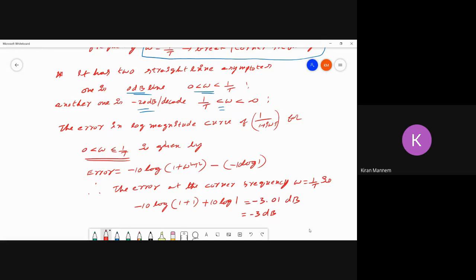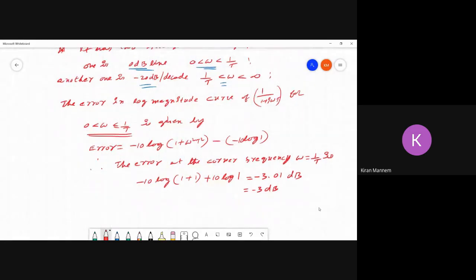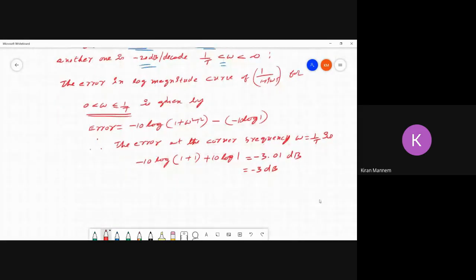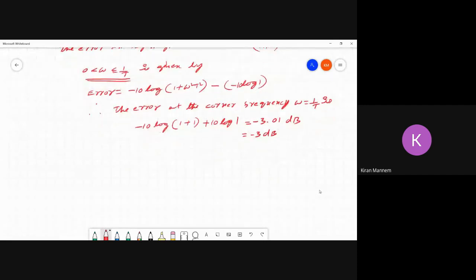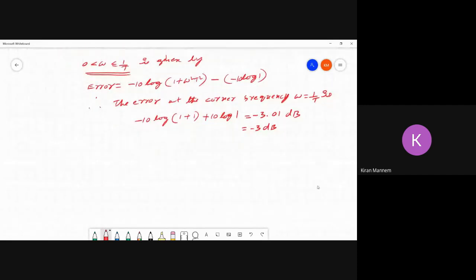This is how you can find the error for all values of omega, but we cannot find the errors for all values of frequency. So let us find out one more error, at the frequency at which omega equal to 1 by 2t.